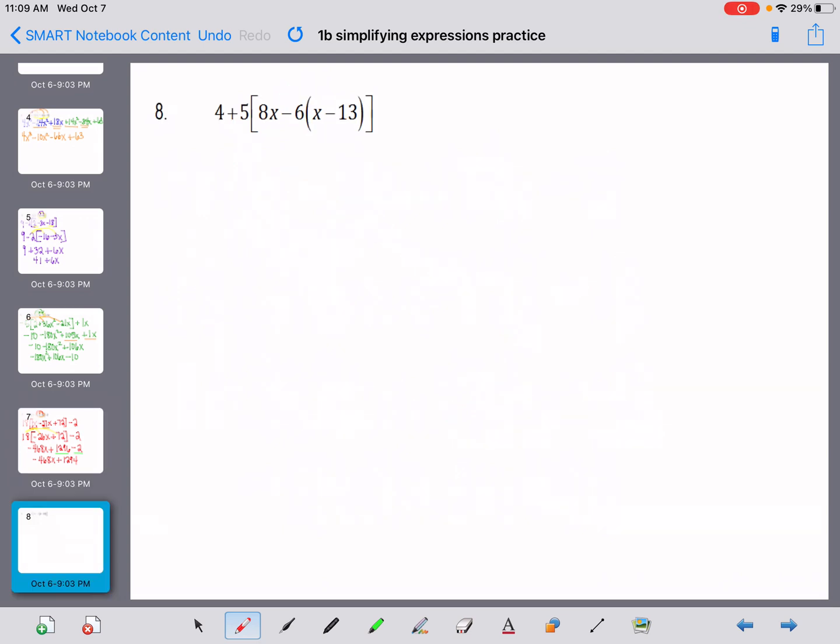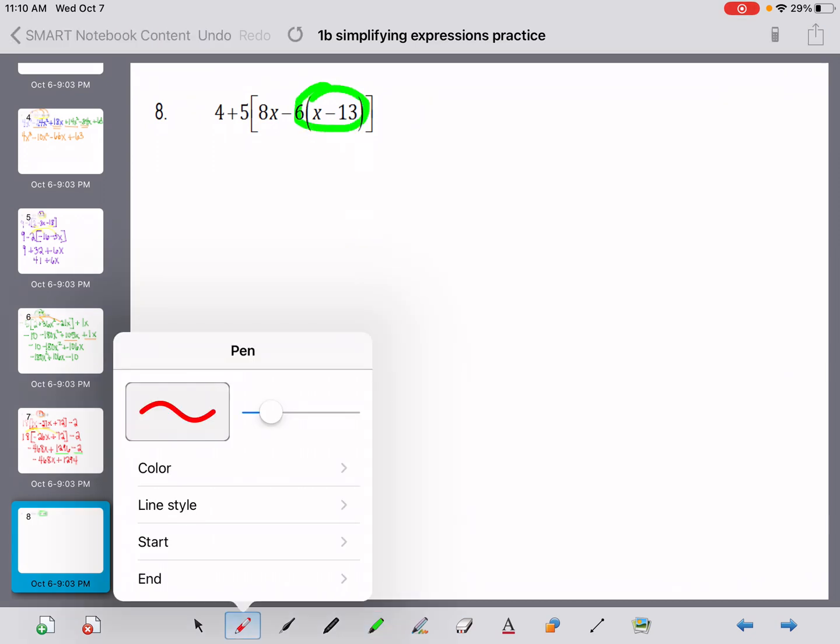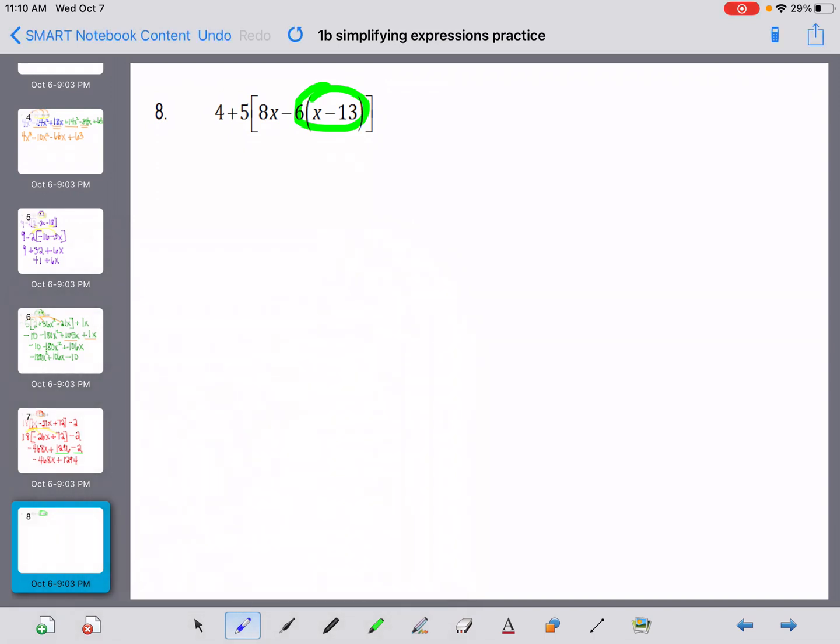Last problem on our practice, one more nested parentheses, and we're going to start here, innermost. And when we start on the innermost, we're going to distribute the negative 6. So the 4 is going to stay, the 5 is going to stay, the 8x is going to stay.